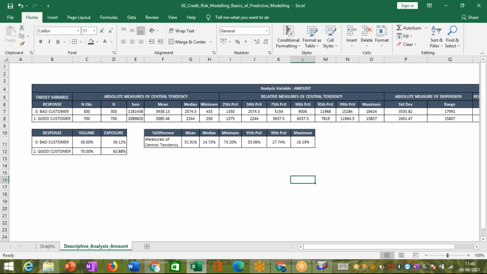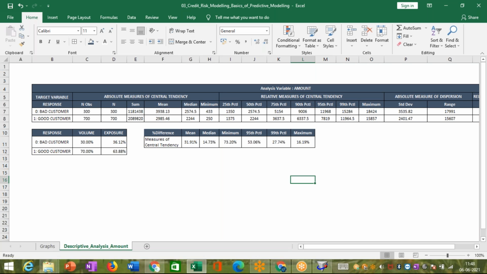The difference in these descriptive measures clearly shows how different the profile of the borrower is. So if I use the amount variable in my model, this descriptive analysis shows that I will be in a position to distinguish between the good and the bad borrower.